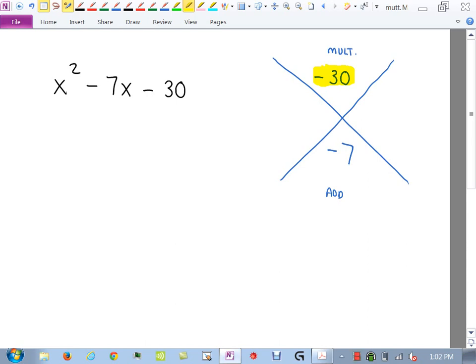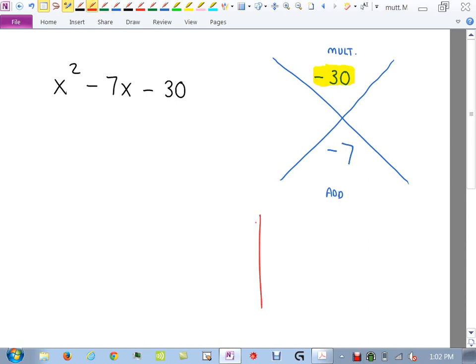Do you agree with that? And then I need to come up with the negative 7 when I put them together, which means that the one that's negative is actually larger than the one that's positive. So when you put them together, you get a negative. But that's a little bit beyond what I'm trying to get you to see.